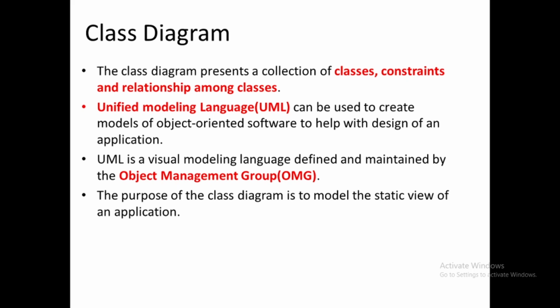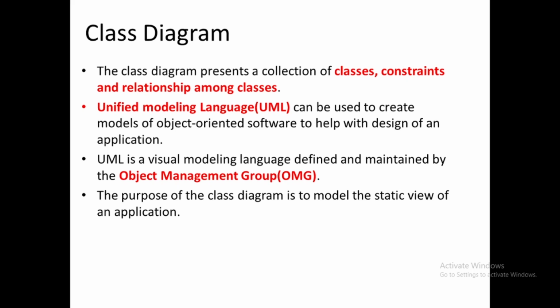Unified Modeling Language, in short UML, can be used to create models of object oriented software to help with the design of an application. So using UML we can create a class diagram. See, this is manual work and not directly coding. UML is a visual modeling language defined and maintained by the Object Management Group, OMG.